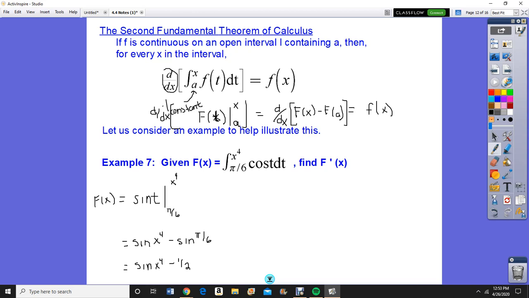Now, as a reminder, this x to the 4th is just the angle to this sine function, so you may find it helpful to put it in parentheses. So this is my F of x function, but I was asked to find the derivative of this function.